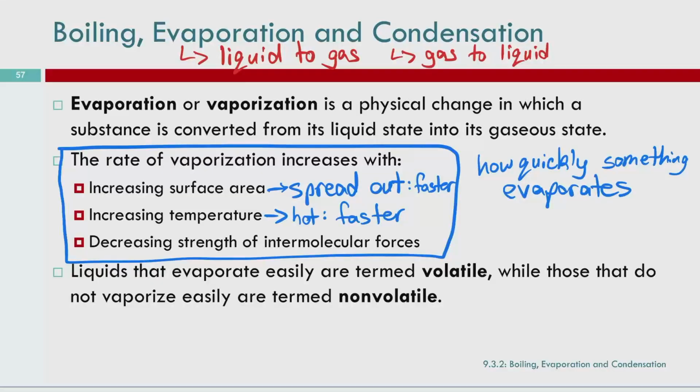And decreasing the strength of intermolecular forces. This isn't really something that you would change for a specific chemical, but if we're comparing two different chemicals like water versus acetone, the one that's got the weaker intermolecular forces will evaporate more quickly.